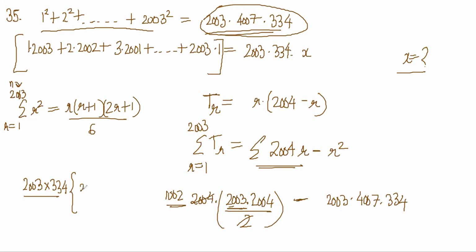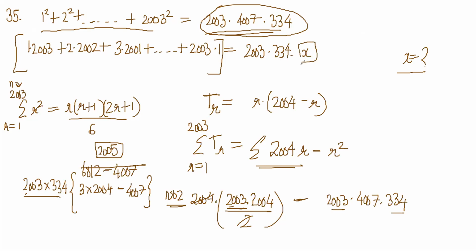So 3 into 2004 minus 4007, since 2003 and 334 are common. So 6012 minus 4007 is equal to 2005. So the answer will be 2003 into 334 into 2005, which is x.